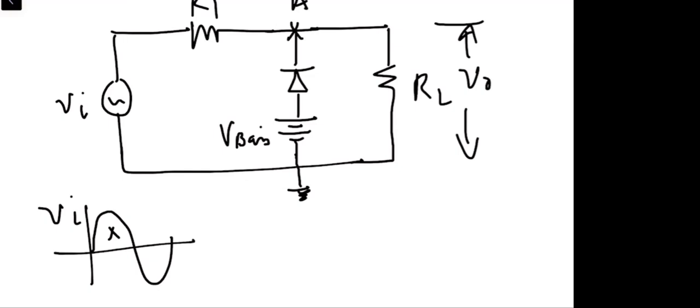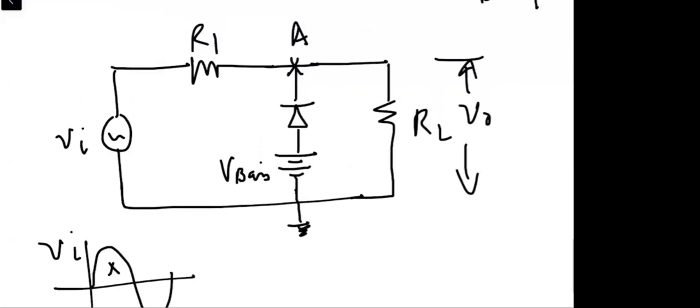When the positive half cycle comes, what will happen to the circuit? Here is a very interesting point.